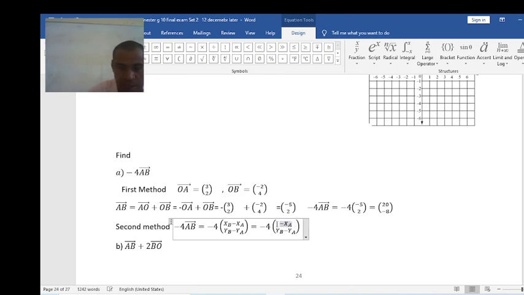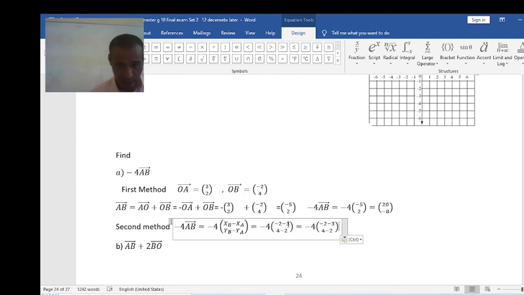Then yB is 4 minus 2. So this equals negative 4 multiplied by negative 5, 2.